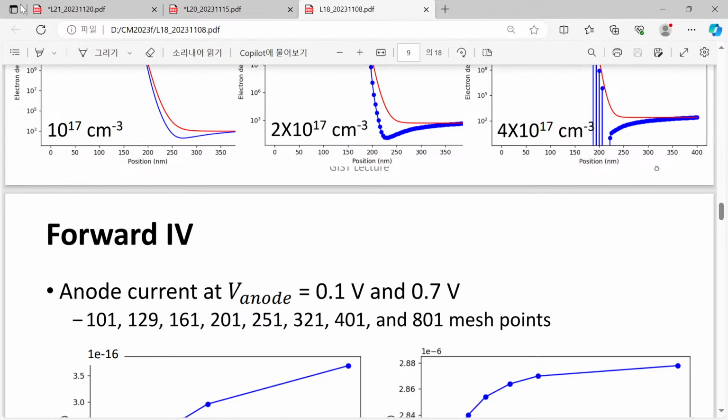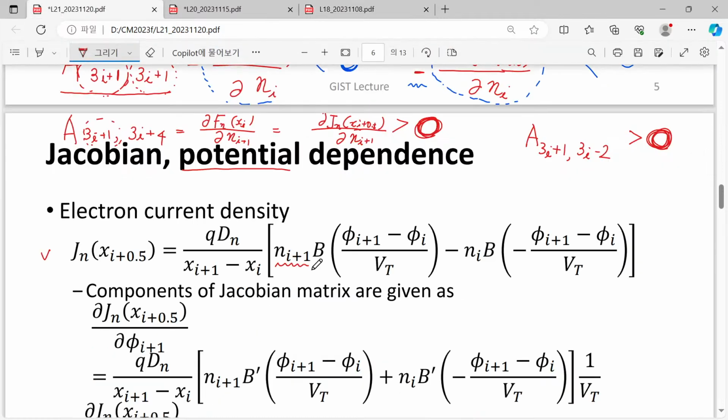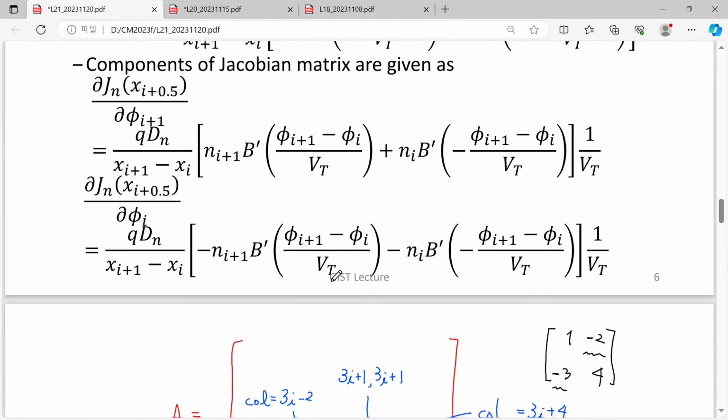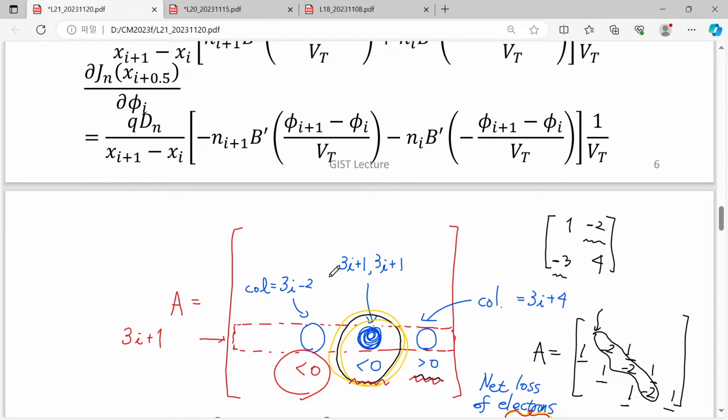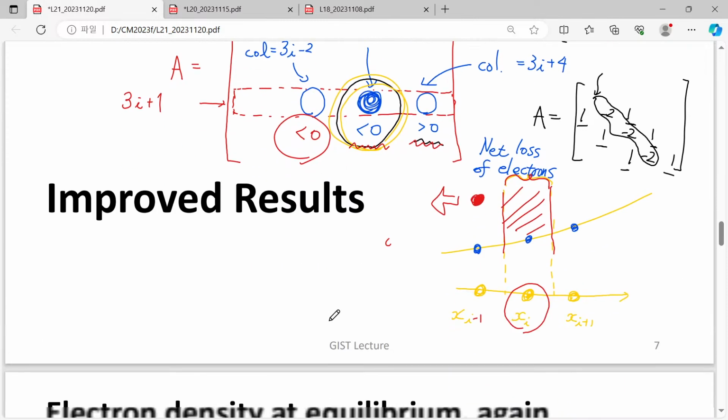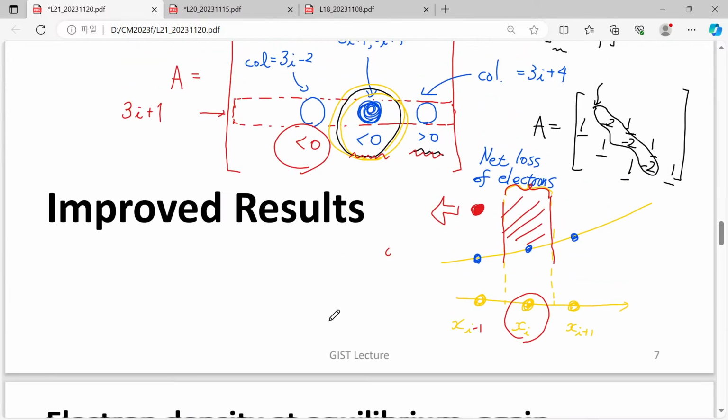So the Jacobian takes over. That is quite important. So please, although it is not my official homework, please check your naive implementation. Okay, then now let's go to the improved result.